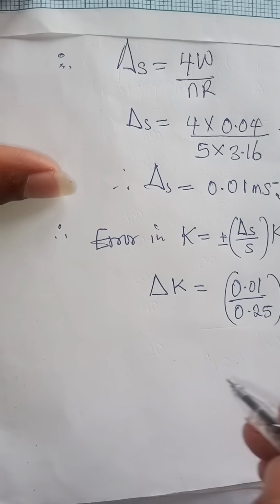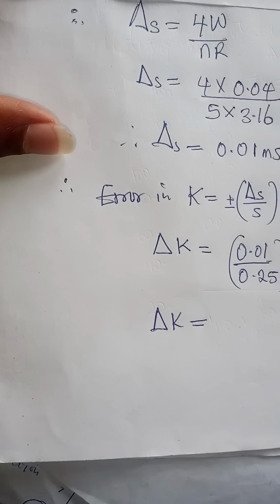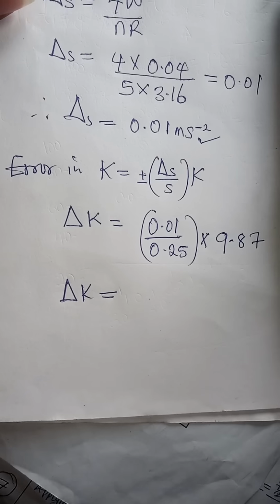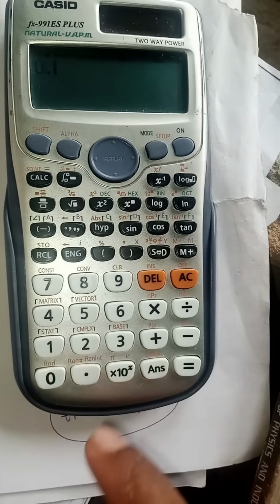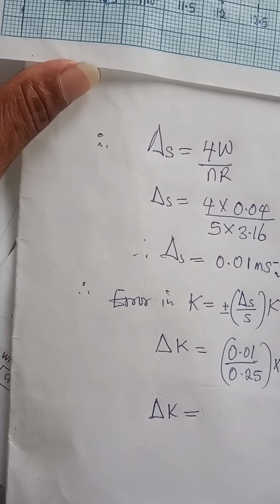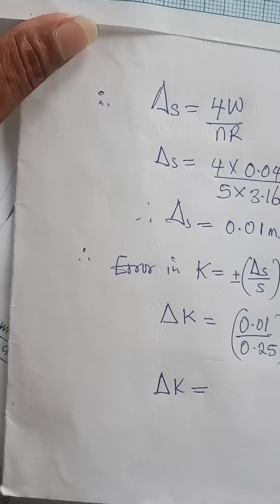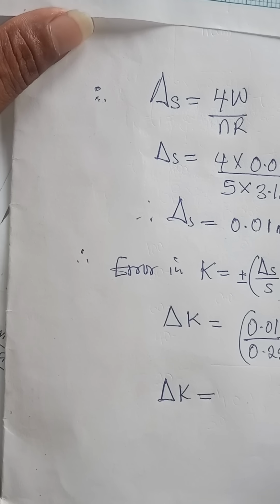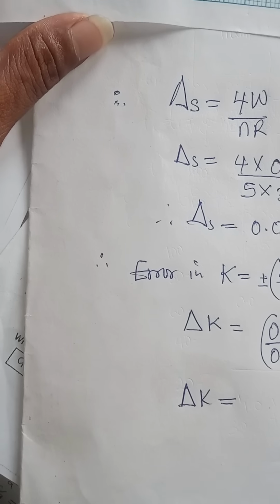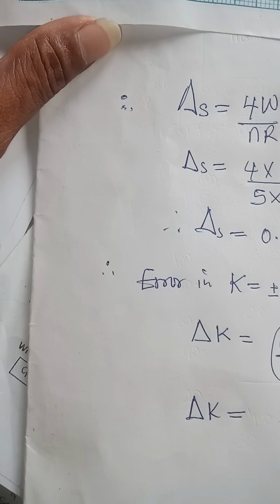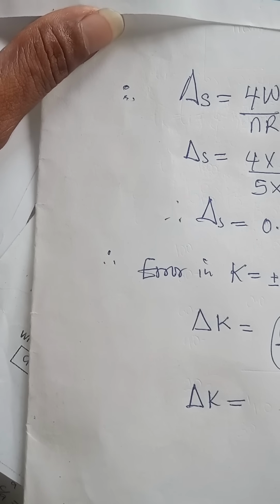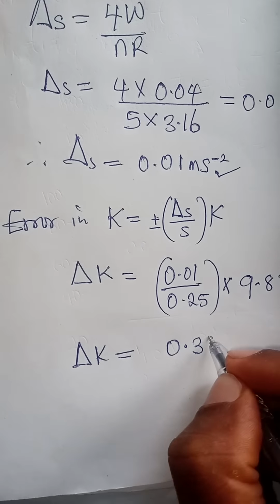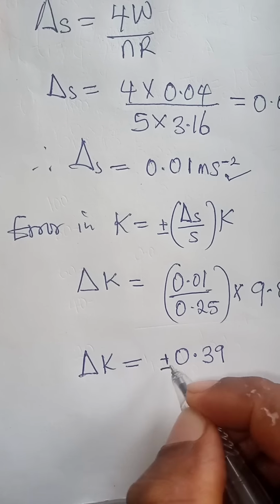If I use my calculator and press this, 0.01 divided by 0.25 is equal to this. Multiply it by 9.87, which will give me 0.39. So this is my error in K.